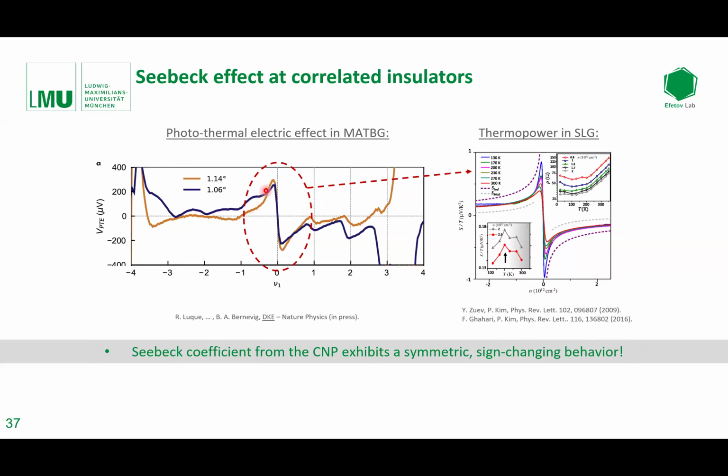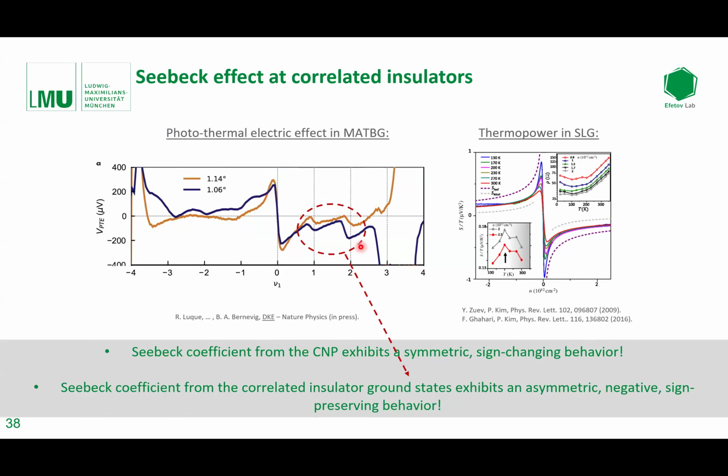And this behavior highlights that electrons give you a negative Seebeck effect, holes give you a positive Seebeck effect. And the symmetry between the two sides exemplifies that the transport characteristics, meaning the lifetime and curvature and so on of the band, are very, very similar. So it compares really well to single layer graphene.